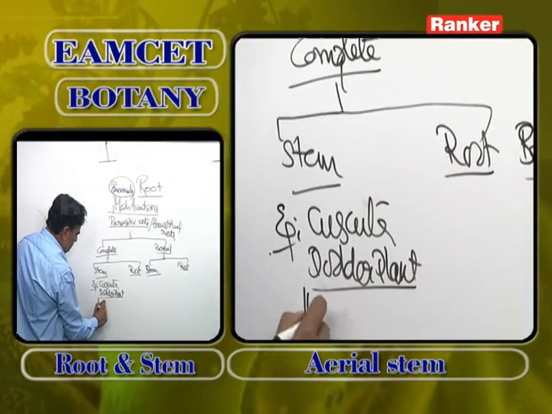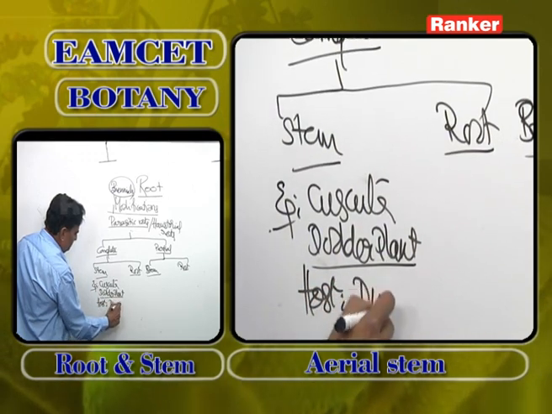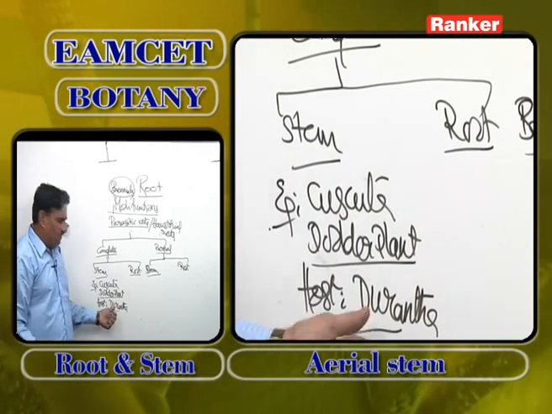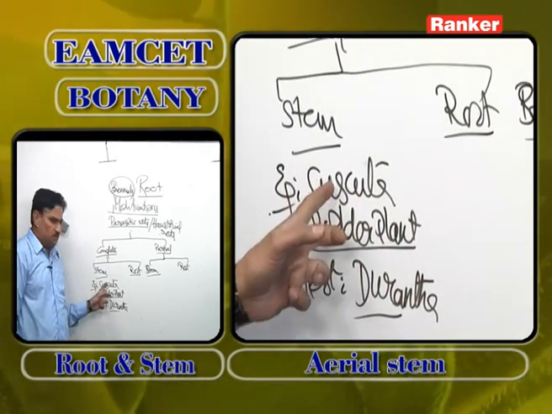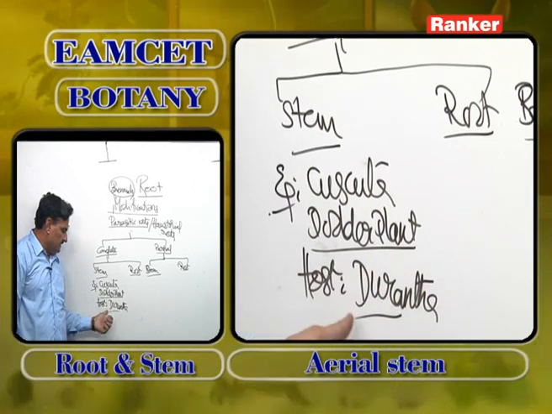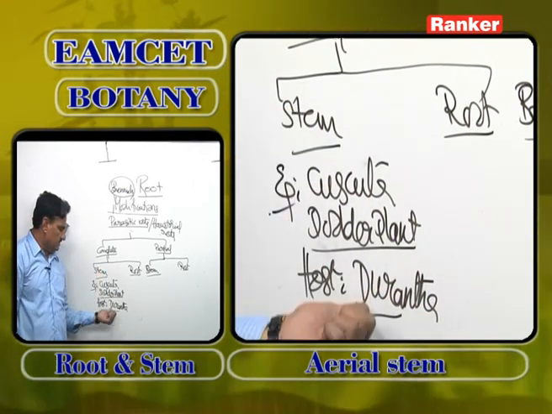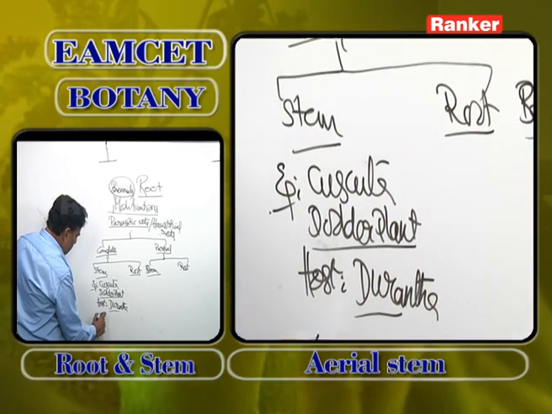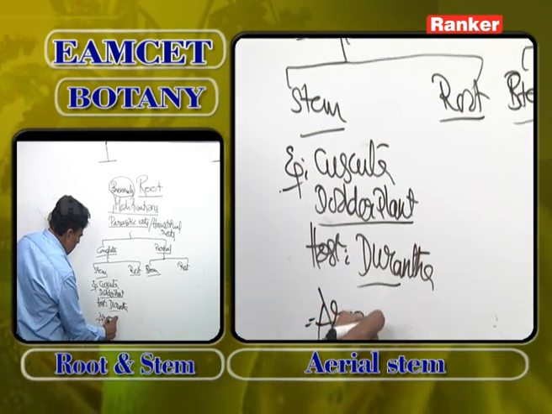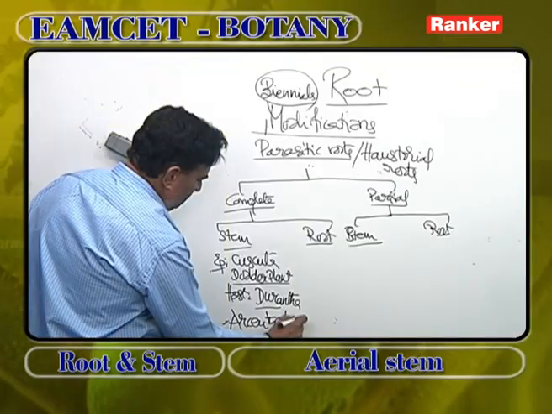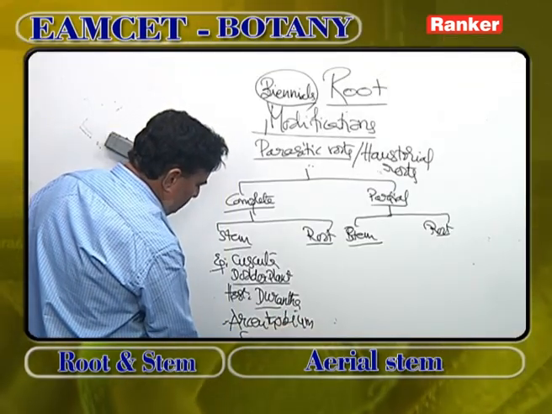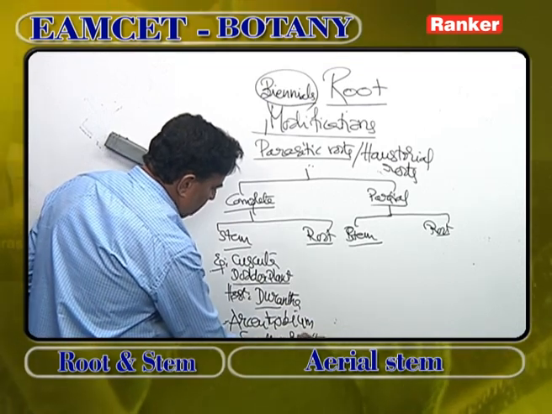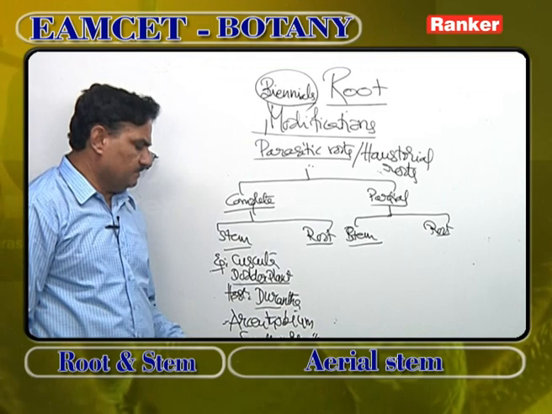The host of Cuscuta is Duranta. You all know Duranta is a plant where thorns bear leaves and flowers. Cuscuta is a complete stem parasite. There is another complete stem parasite called Arceuthobium, which is regarded as the smallest parasitic plant.